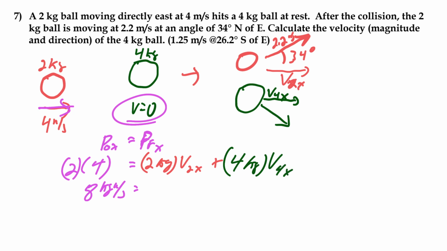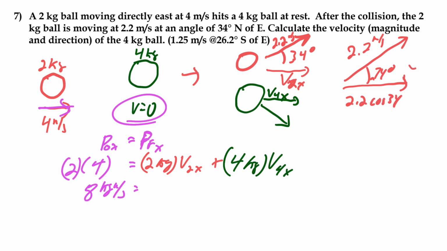Now V2 in the X direction, we can go ahead and solve that. So let me go ahead and do this off on the side. So notice this one is moving at 2.2 meters per second, and the angle is 34 degrees. That means this horizontal velocity, we could write that as 2.2 cosine of 34. And while we're at it, let's do this one.